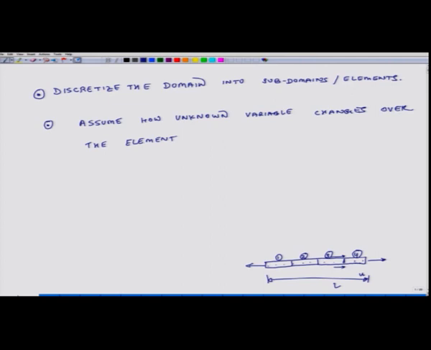Or I can assume that u varies linearly over elements 1, 2, 3 and 4, or that u varies quadratically over individual elements. I can also assume that u varies linearly on elements 1 and 2 and quadratically on elements 3 and 4, that is also fine. But we assume how this unknown, u, varies over each element.